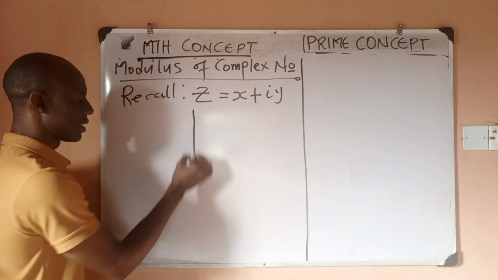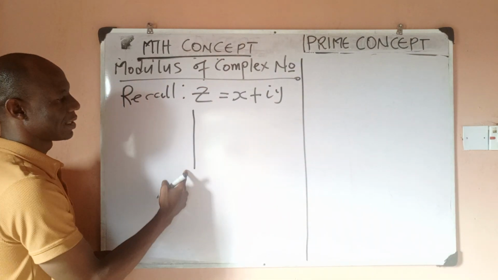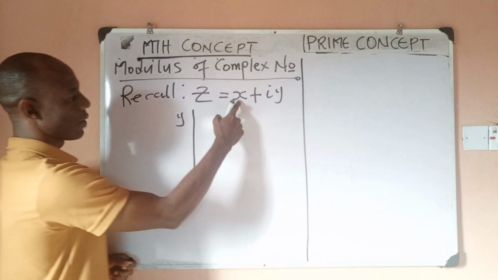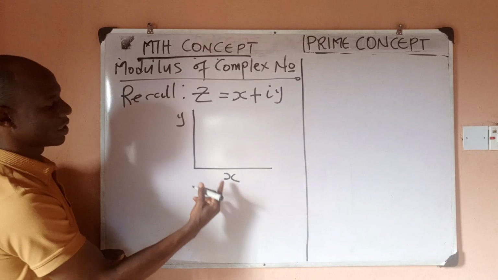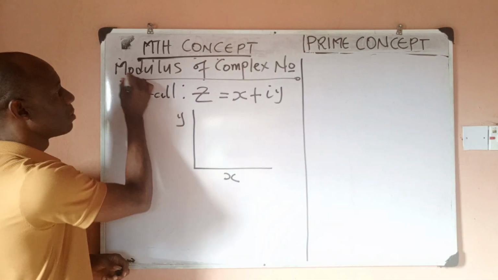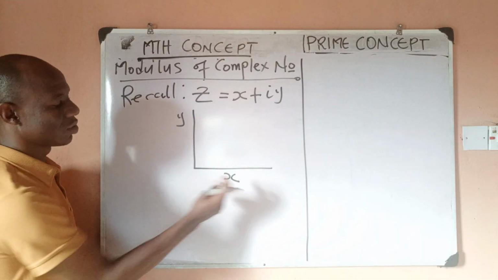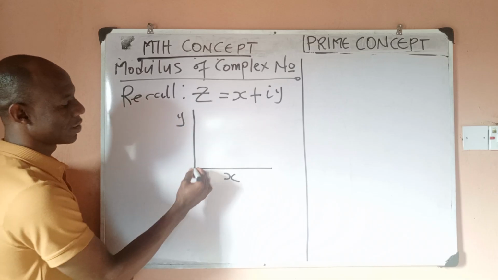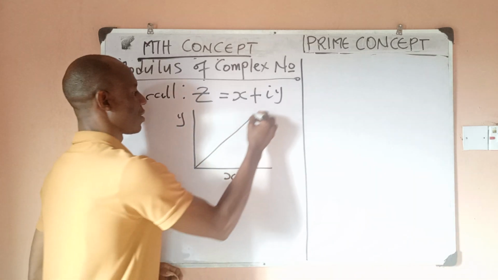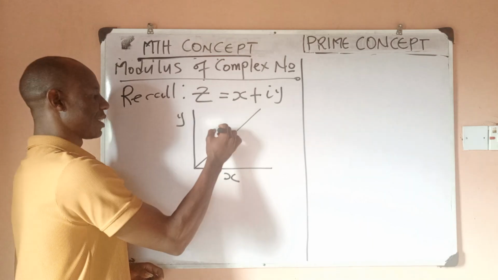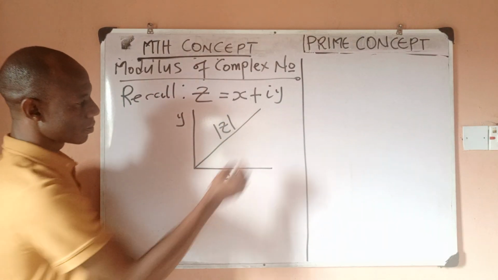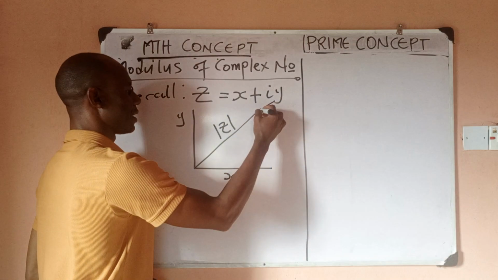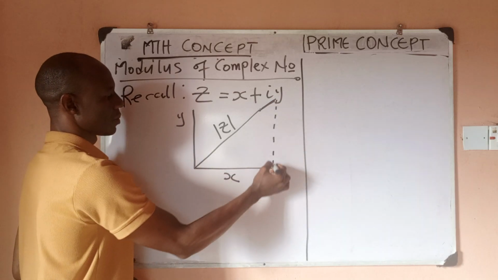We're going to represent our y like this, and our x this way. Therefore, the resultant, or the modulus, or the magnitude of x and y is going to be a line through their point of intersection. This, which is the modulus, is denoted by this symbol. So we're going to see how to find this modulus.